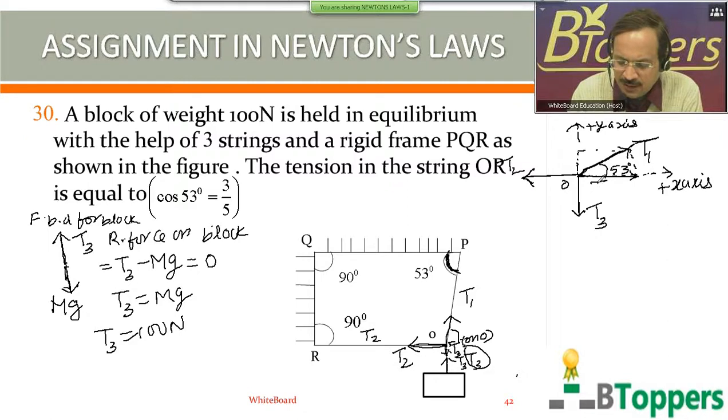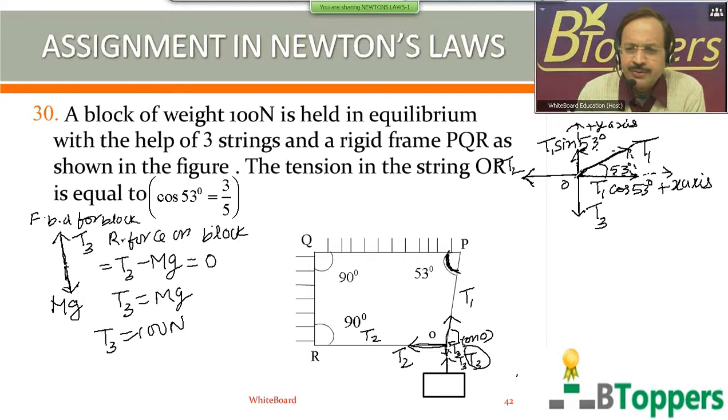The horizontal component of tension with magnitude T1 cos 53 degrees acts along the positive x-axis. The vertical component with magnitude T1 sin 53 degrees acts vertically upwards along the positive y-axis.